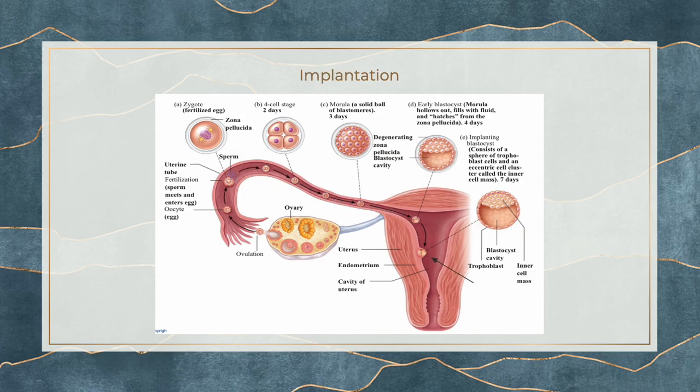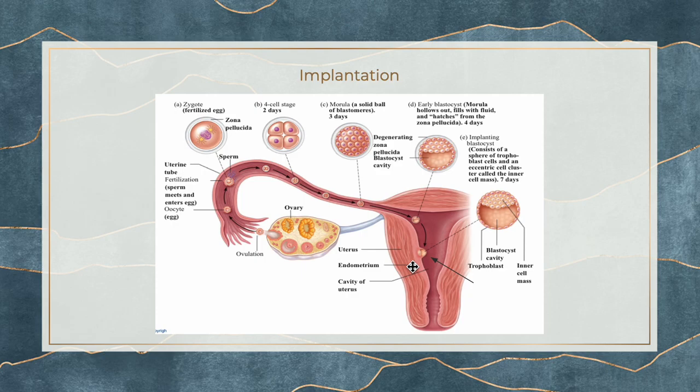So then if we look at implantation, that is after fertilization has occurred. When the uterine lining is nice and built like this one is here, it's suitable for pregnancy.